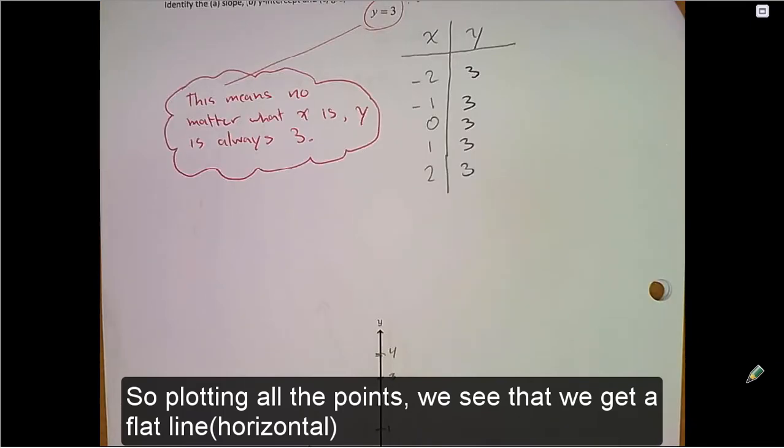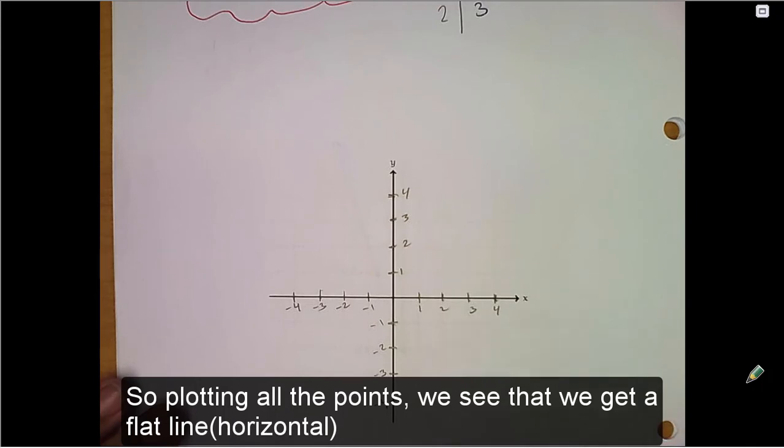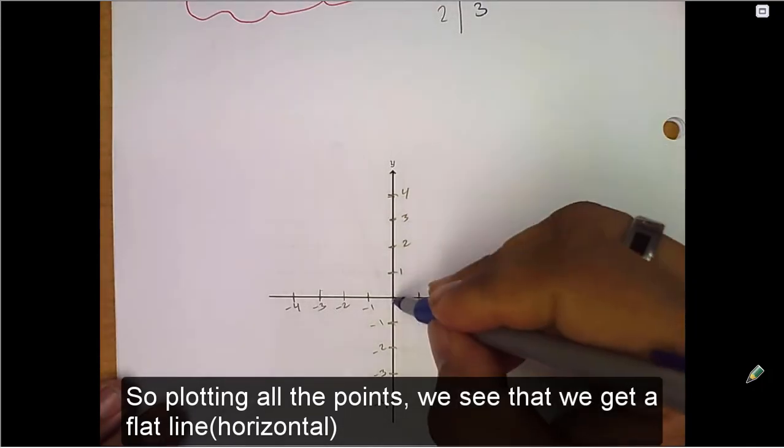So plotting all the points, we see that we get a flat line, also known as horizontal.